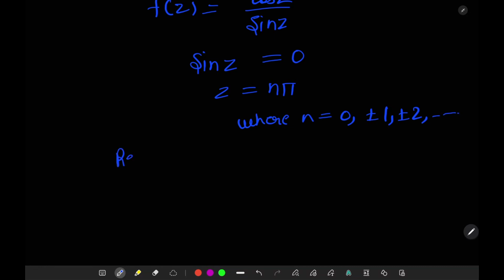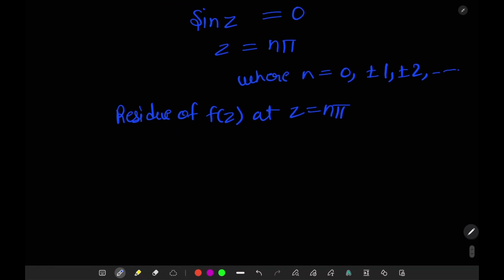Now finding residue of f z at z equals to n pi. If we put here z equals to n pi in f z, it becomes 0. Denominator term becomes 0. So we use here this formula.